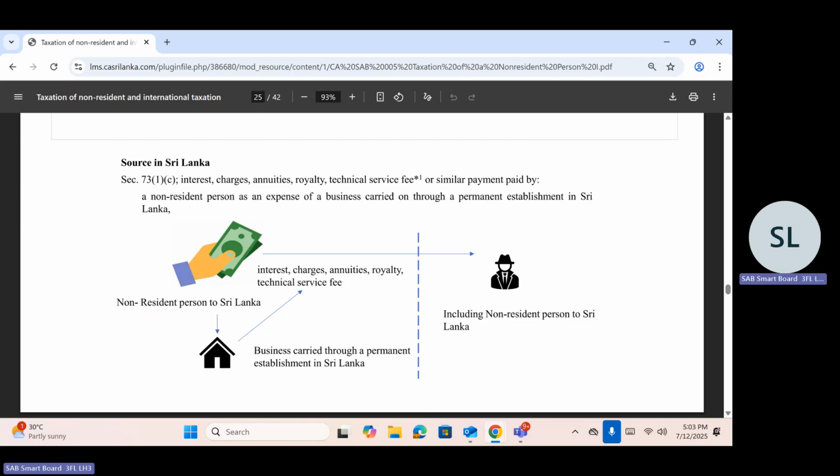The non-resident person makes that payment as an expenditure of the permanent establishment in Sri Lanka. It shall be considered as a source in Sri Lanka. Right? It is also treated as a source in Sri Lanka, even if the non-resident person's business carried on through a permanent establishment in Sri Lanka pays another person outside Sri Lanka. It shall be considered as a source in Sri Lanka. Right?